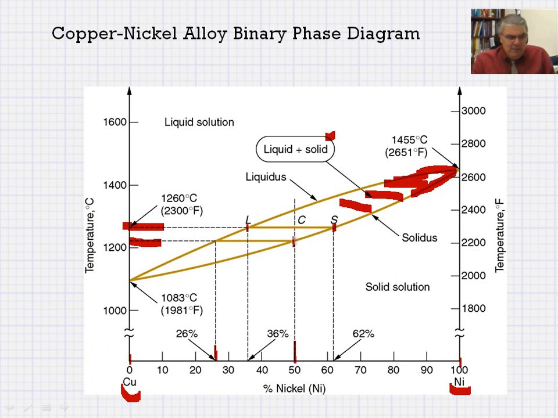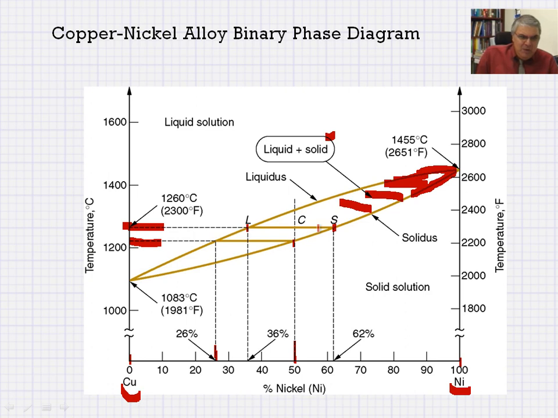Anywhere that line hits the temperature axis, we know the melting temperature for that particular alloy. Depending on the composition of nickel, you're going to have different temperatures.